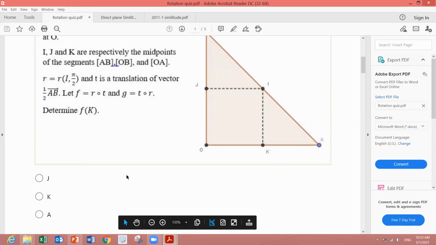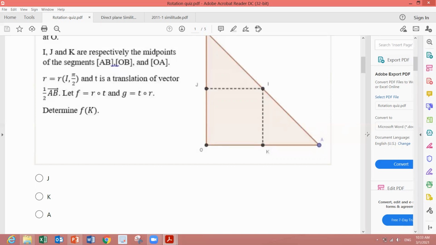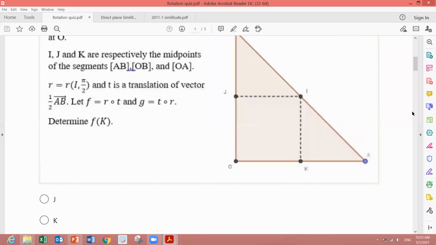K. Okay, K is the correct answer. Solution: K. They wrote translation of K with half AB. You need that. Yes.